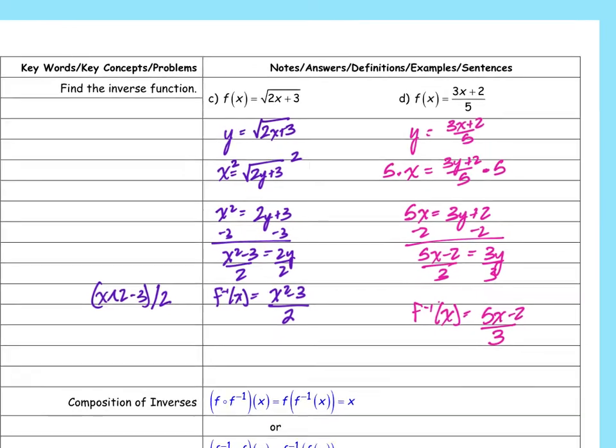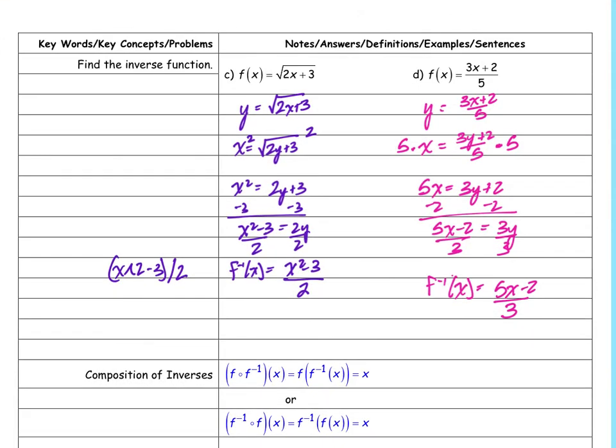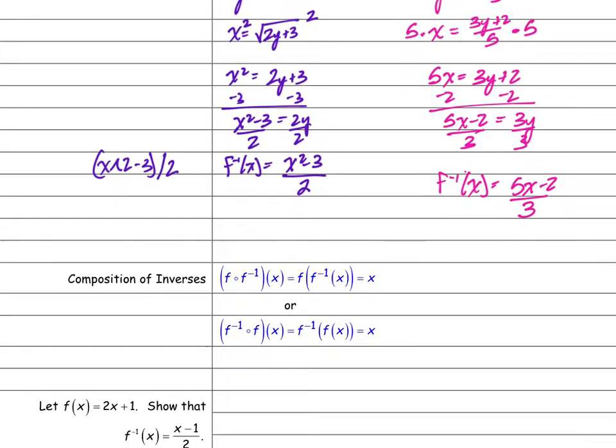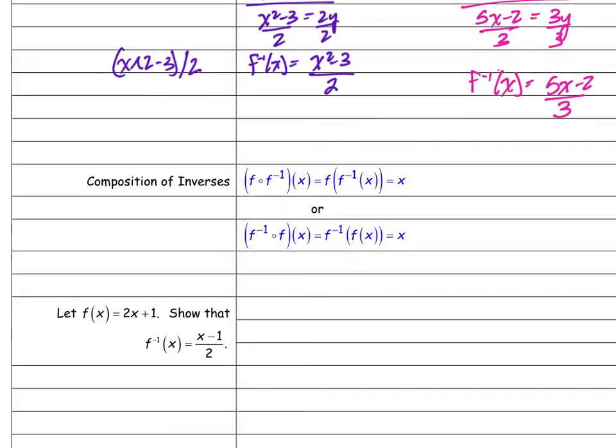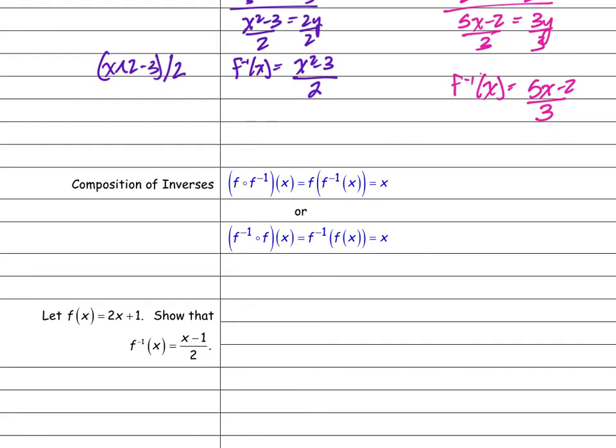So now we're going to talk about the composition of inverses. This is basically how, if I'm given 2 functions, I tell if they're inverses or not. There'll be one of 2 questions. They'll either give you 2 functions and say, are these 2 functions inverses?